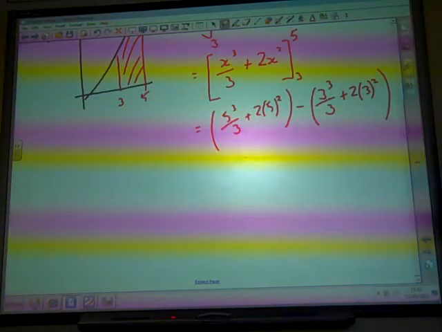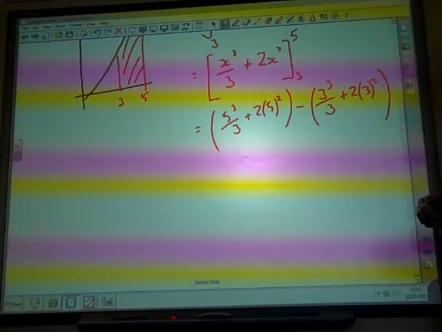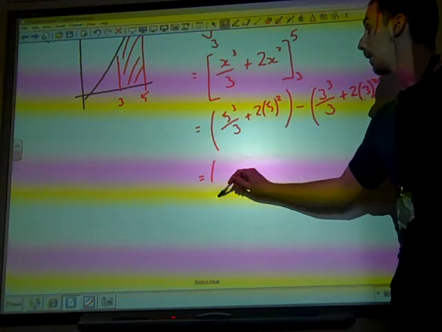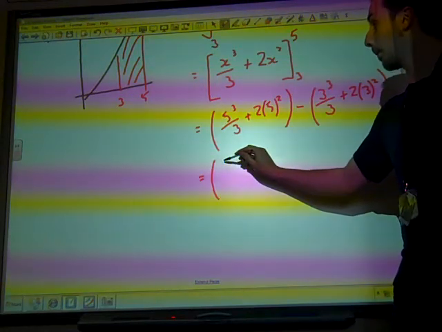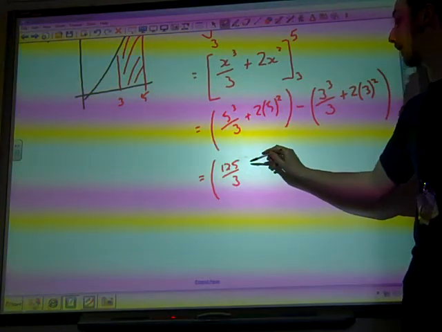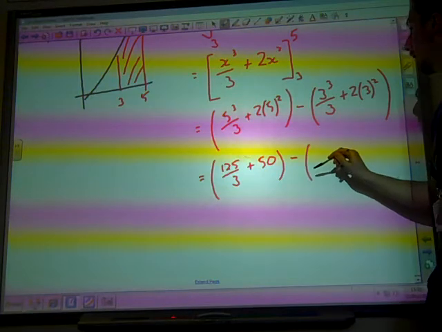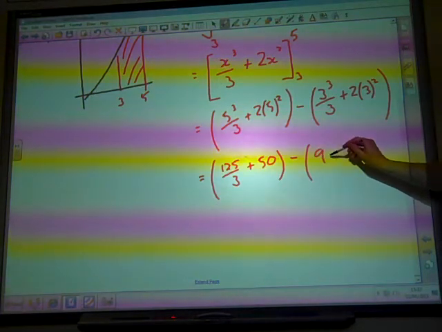We're in Core 2. I keep reminding you of this, so you've got a calculator, so you can type this straight into your calculator if you're careful. We've got 125 over 3 plus 50 there. We're taking away 9 plus 18.